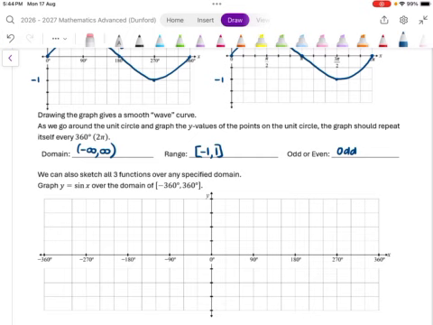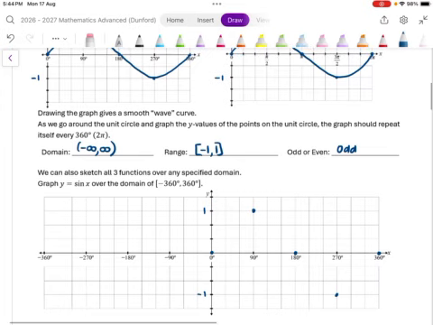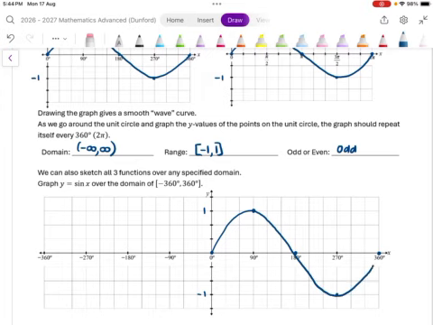Okay, so if we have a look at sketching this, we have 1 and negative 1 for our y values. We can even do it at 3 values up if you prefer. It doesn't matter as long as you're nice and consistent. So we start at 0, at 90 we're at 1, at 180 we're at 0, at 270 we're at negative 1, and at 360 we're at 0. And so we have that familiar graph that we drew up above.